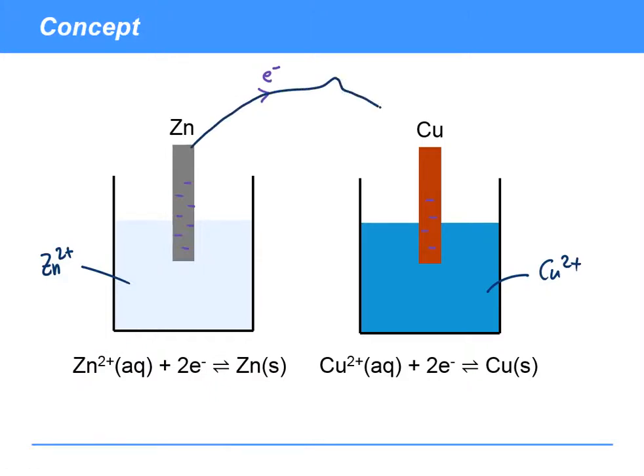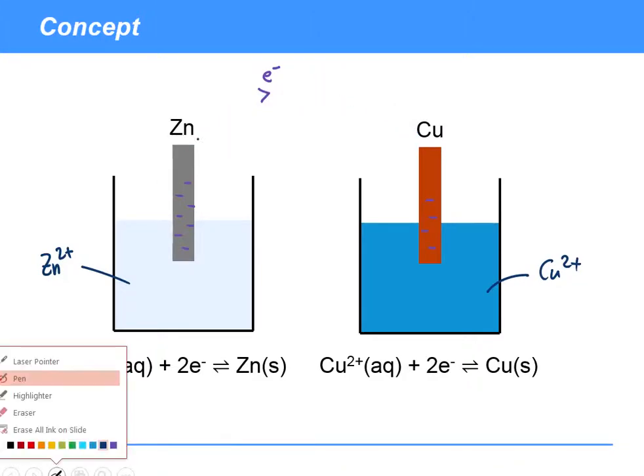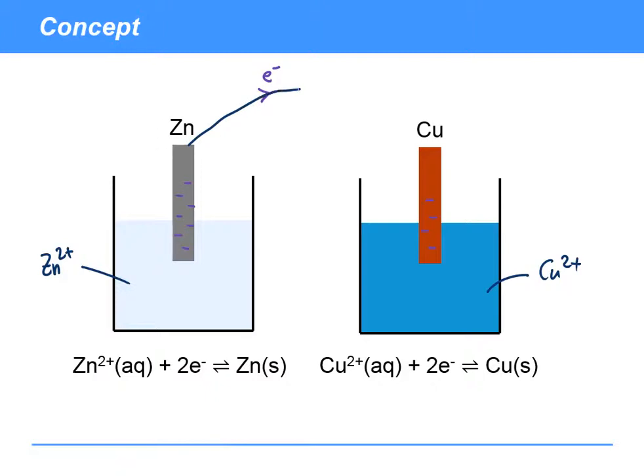So we could have just a simple filament bulb on there, or we could have all manner of other components. So instead of the bulb we could perhaps choose that we're going to connect this up to, I don't know, a laptop display perhaps. So this is going to power my laptop, or we could use it to charge your phone, or whatever it is that you're interested in doing.